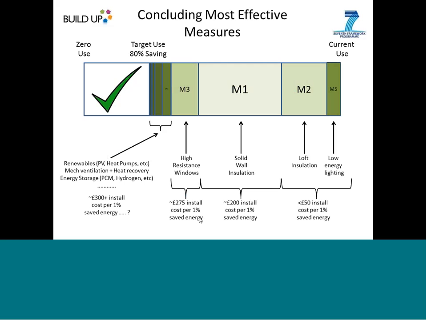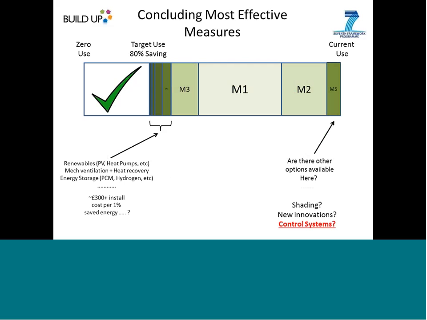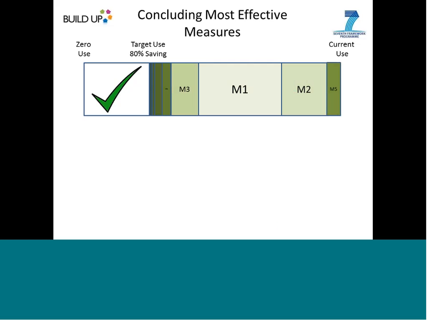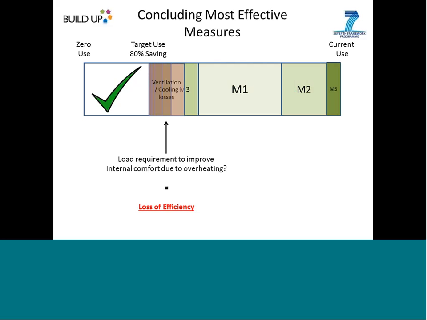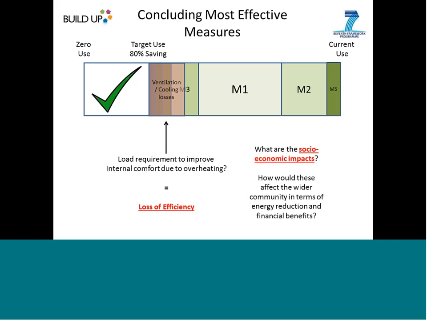Which begs the question, are there other options we can use down here, such as the introduction of shading or new innovations or control systems? In addition, if we have to bring in ventilation and cooling, our savings can be compromised. But also, this doesn't actually quantify the socio-economic impacts.